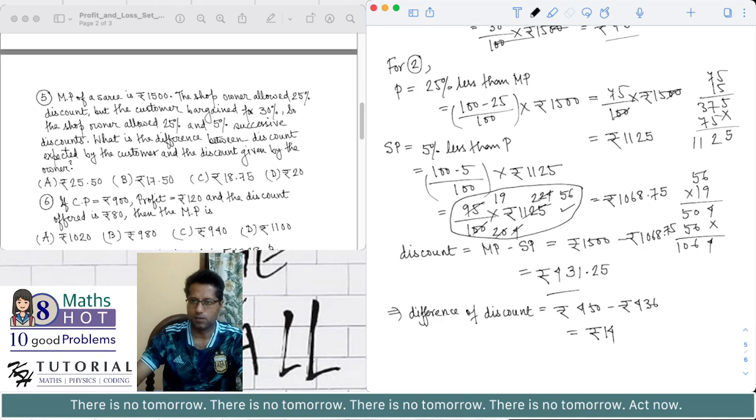So the discount is rupees 431.25, and hence the difference is 450 minus 431.25, which is rupees 18.75, the difference of the two discounts, and hence the correct choice is C. C is the correct choice.